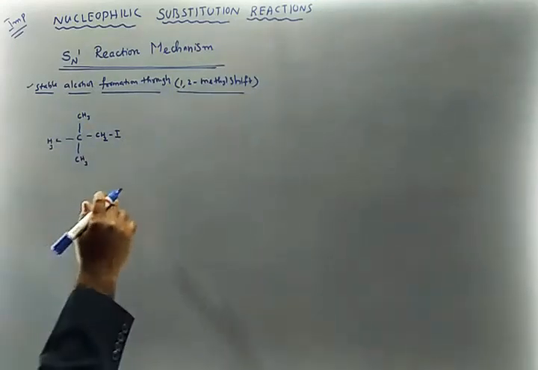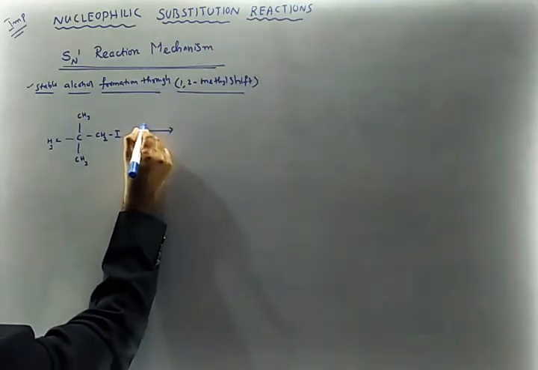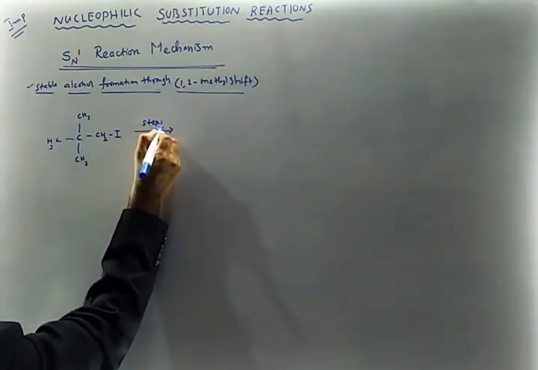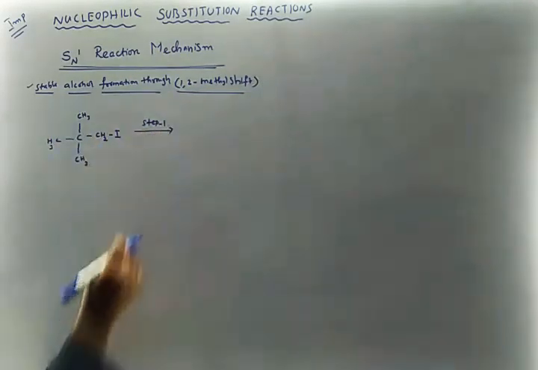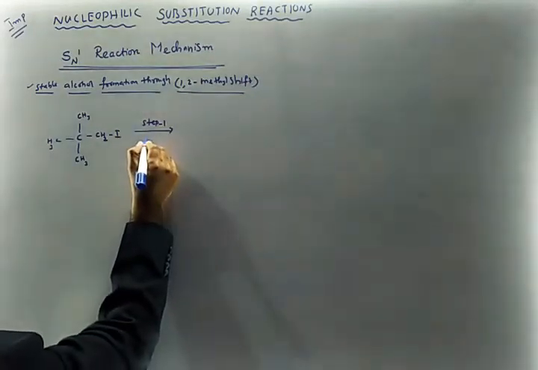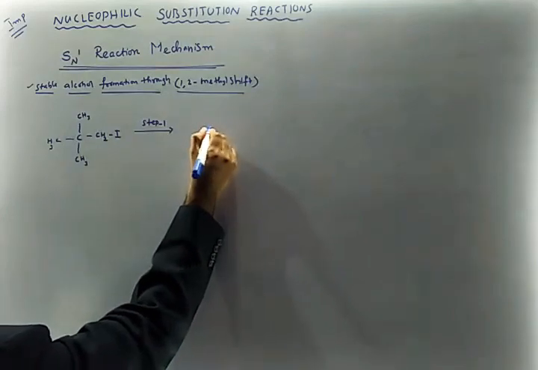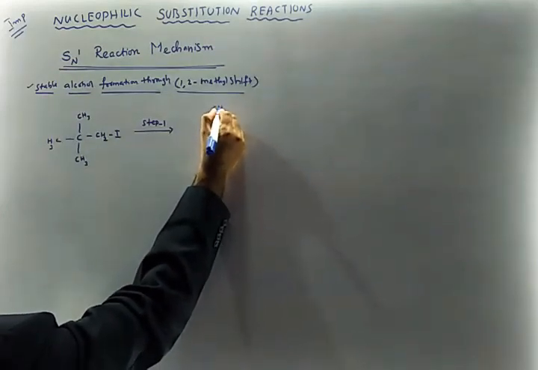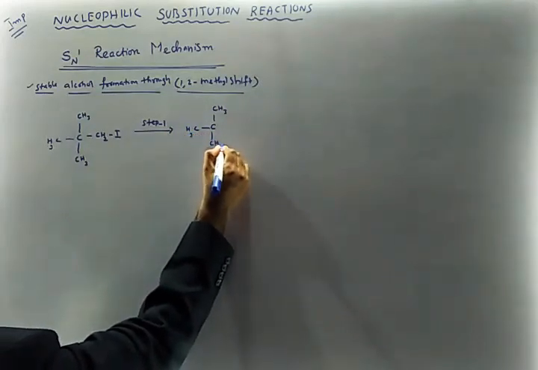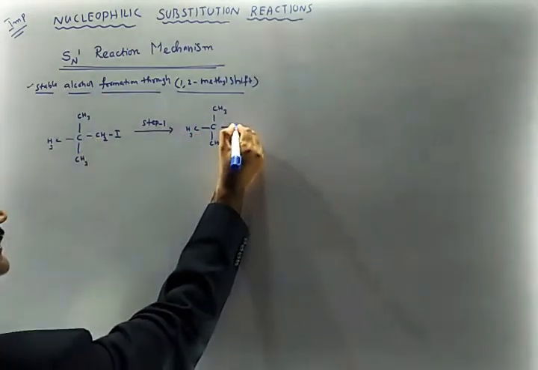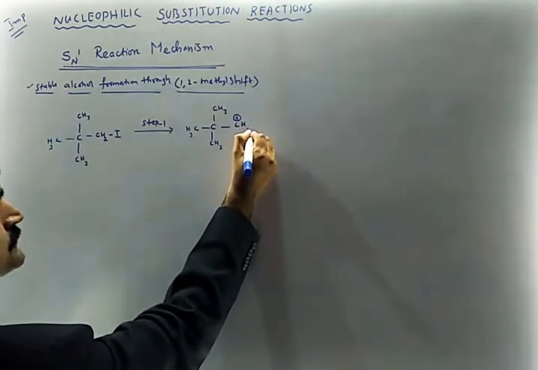Okay. So I am taking the first step of the Sn1 mechanism. Step 1. What will happen in step 1? As you know, in step 1 there will be formation of a carbocation. So heterolytic cleavage happens, and I get this product, CH3, and this CH2 carbon has become positive.